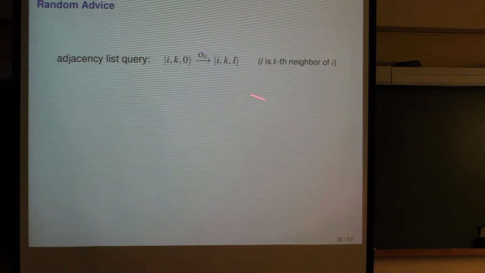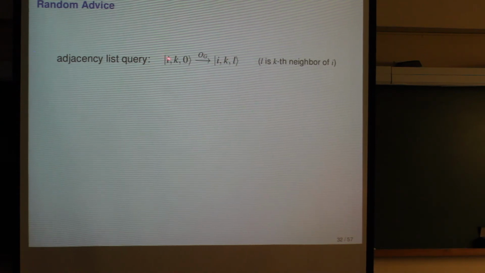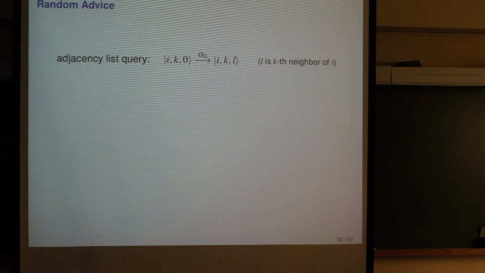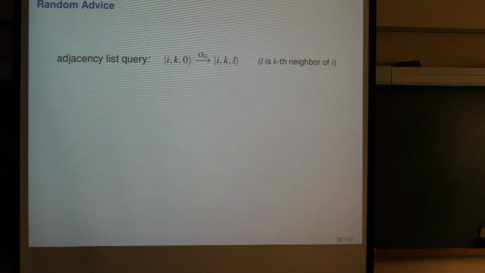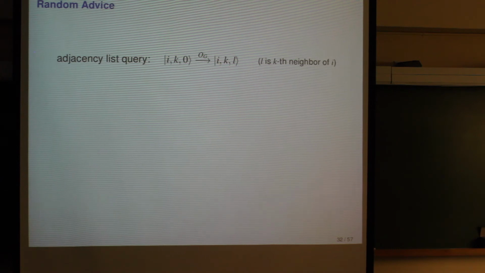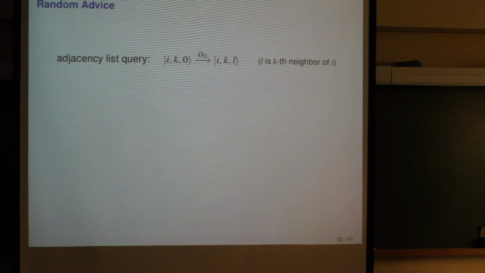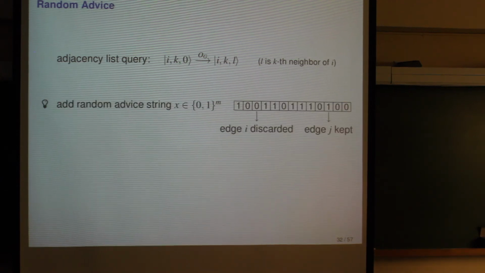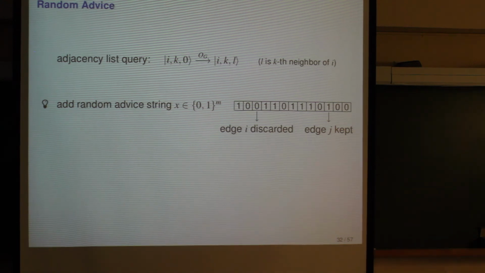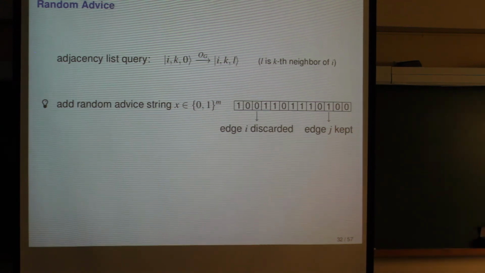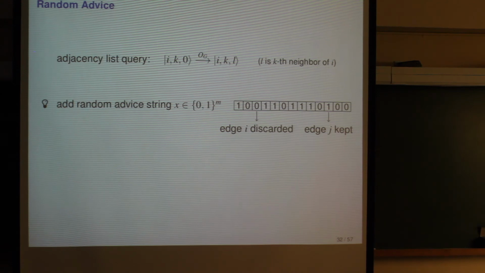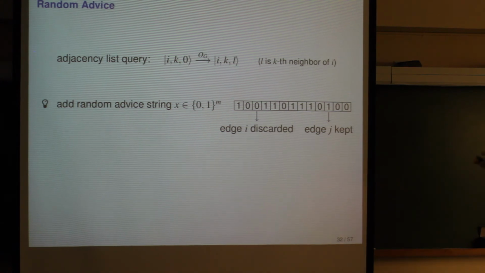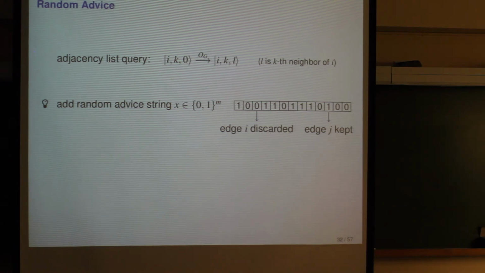An adjacency list query looks like this, right? We have a node i and an index k, which asks for the kth neighbor of the ith node, which would be l, let's say. So this is oracle access to the graph, O_G. And our idea was to, for the moment, assume, so you have to allow me to assume this, that we have a random advice string of m bits, which signifies whether a certain edge is present or not.